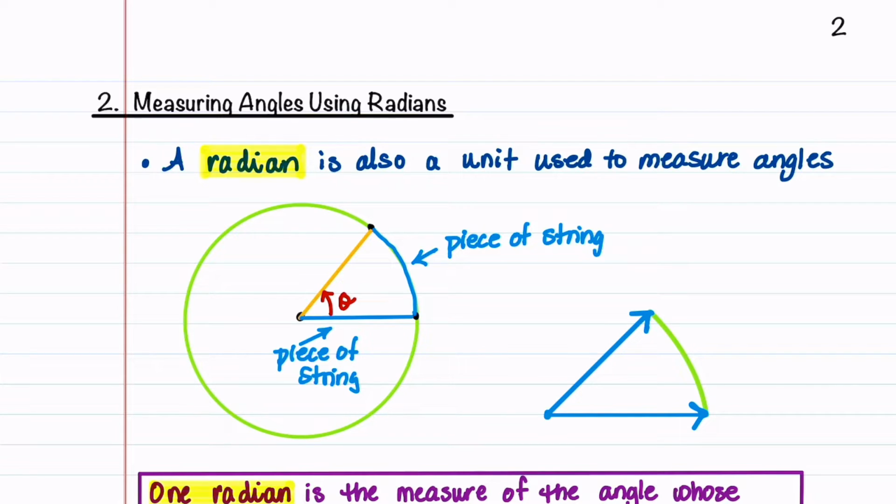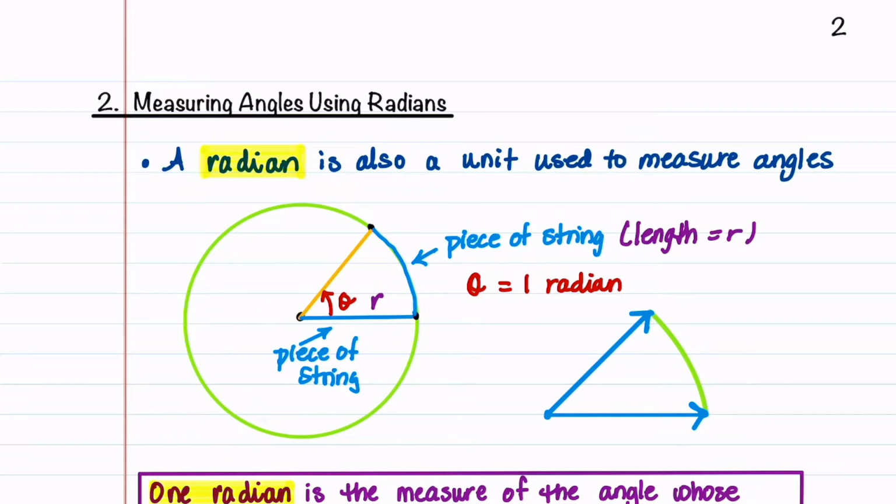And we can label the piece of string as length is equal to r, and then we'll label the radius as r. When these two lengths are the same, we say that theta is equal to 1 radian.